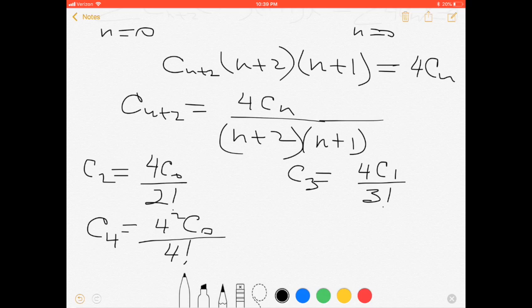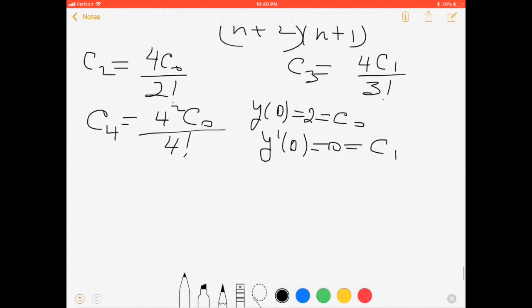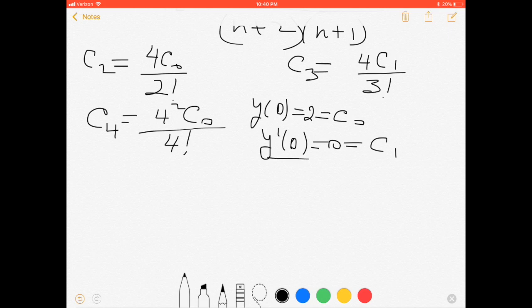But remember, we have an initial point. How you remember, how you can go back in the series, you can easily see y of 0 is exactly equal to c0, and derivative y prime of 0, which is equal 0, will be the first coefficient, c1. This means, using this fact, all odd coefficients are 0.